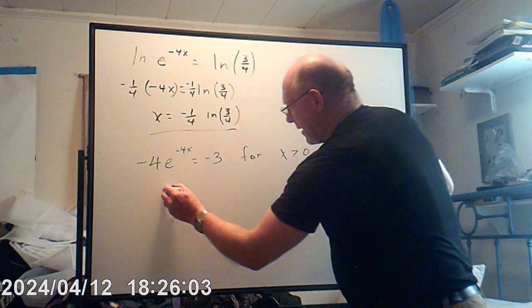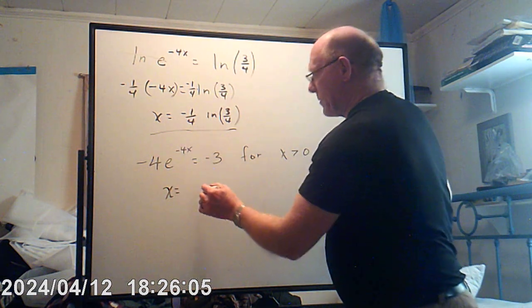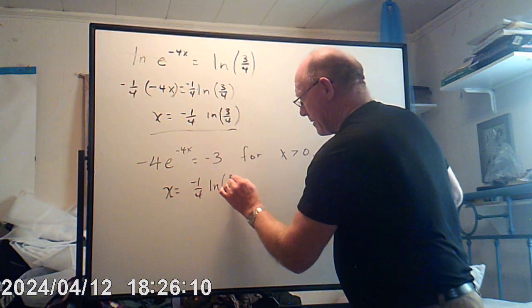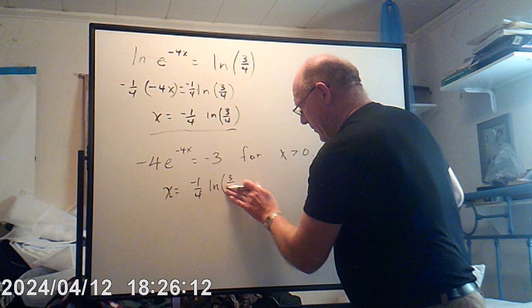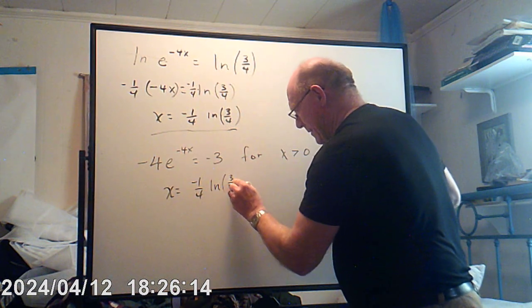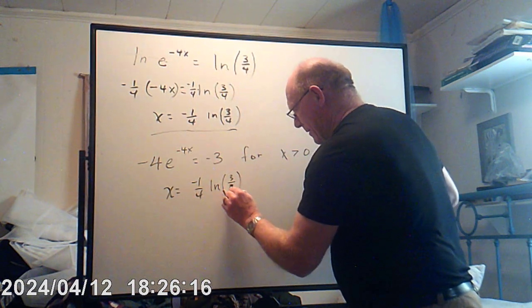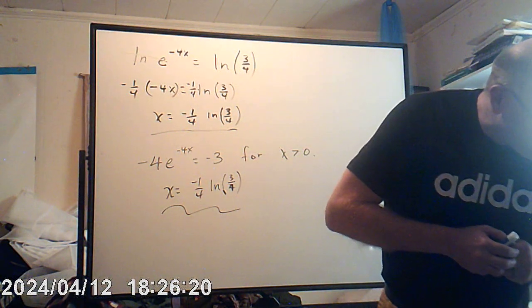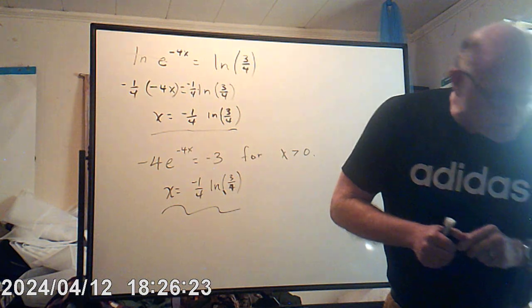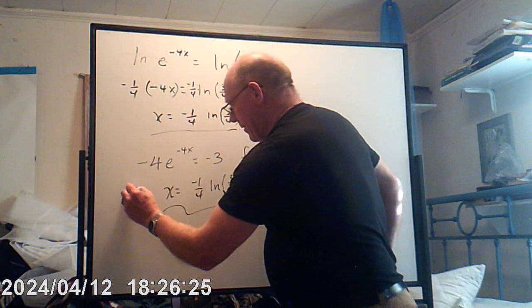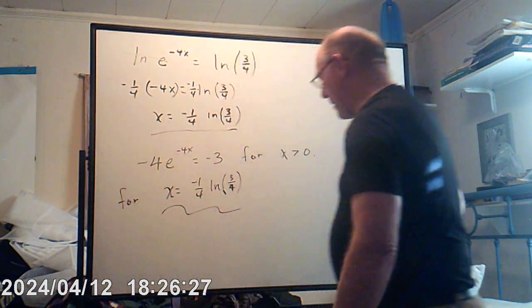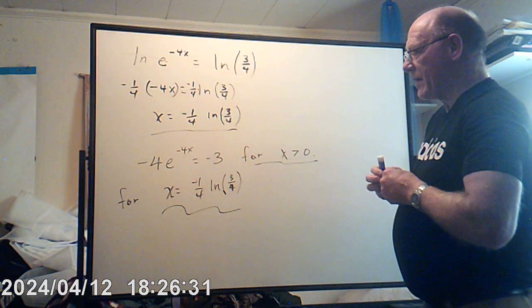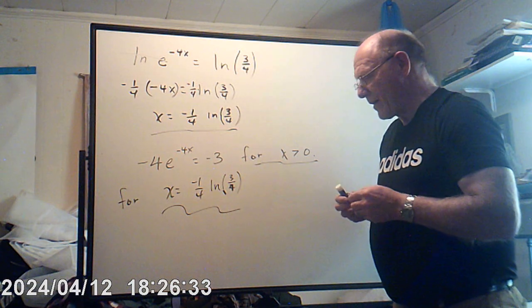Well, and then show that x is equal to -1/4 ln 3/4. Okay. My goodness. Alright. There it is right there. I think that's all you have to show on that. And we can even say, on the interval right here. Alright, there it is. That's what you got to show right there.